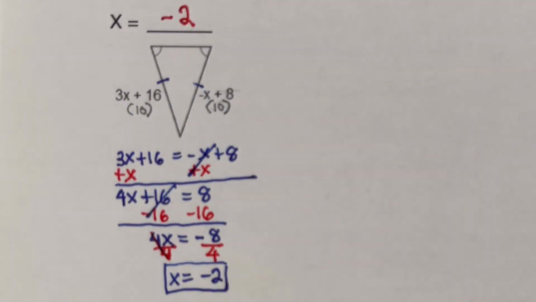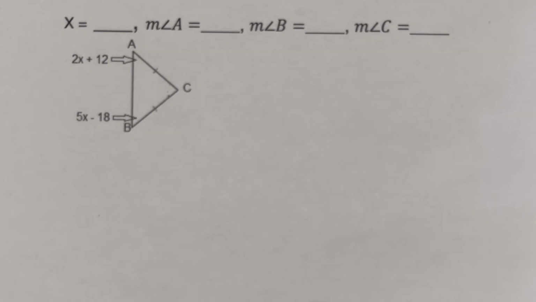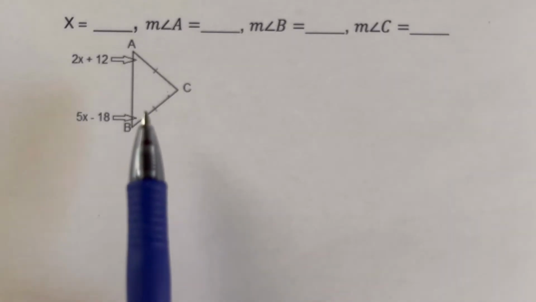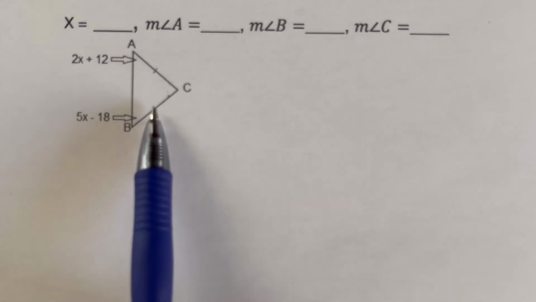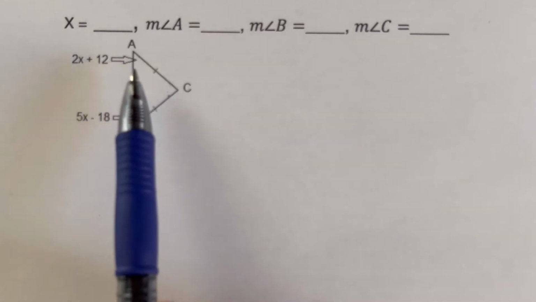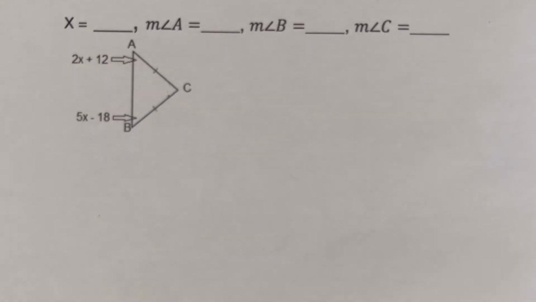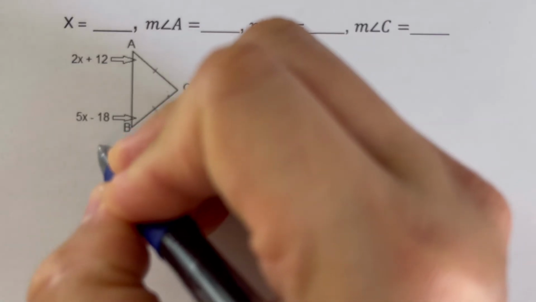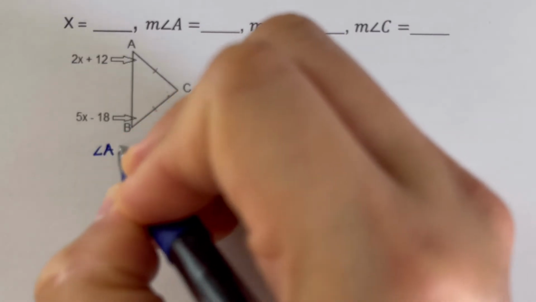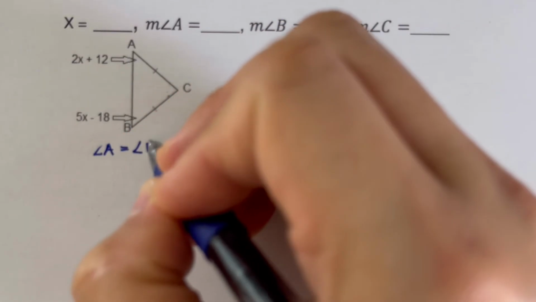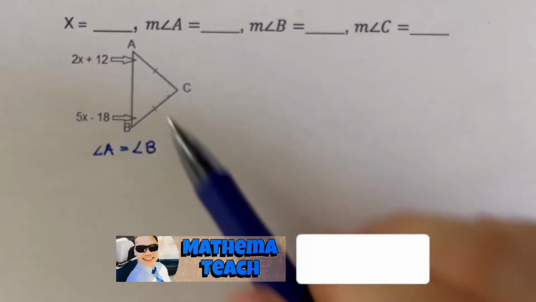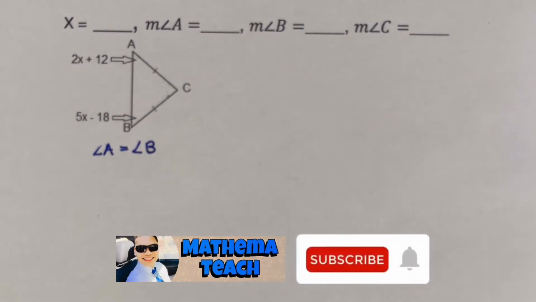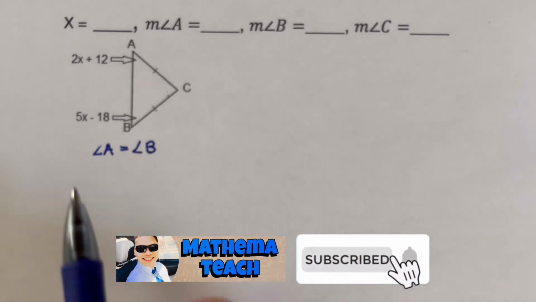Now let's move on to the second example. This example is again an example of an isosceles triangle because we have two sides that are equal. This tells us that these two angles are also equal, so we can set up the equation that angle A is equal to angle B. Both of these base angles are congruent to each other, so we can plug the values in.